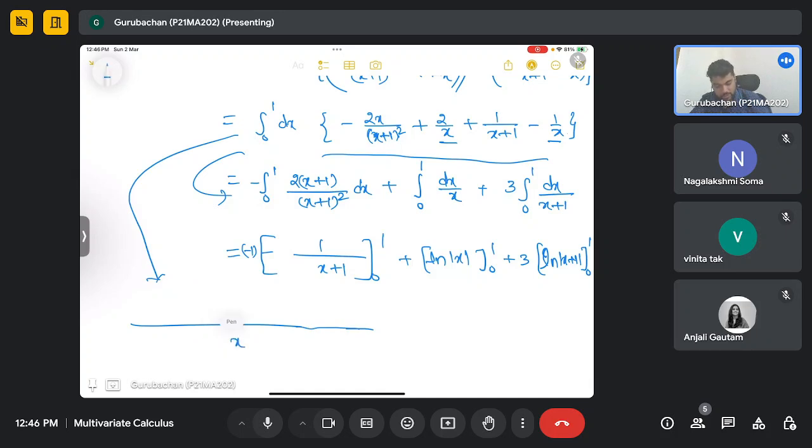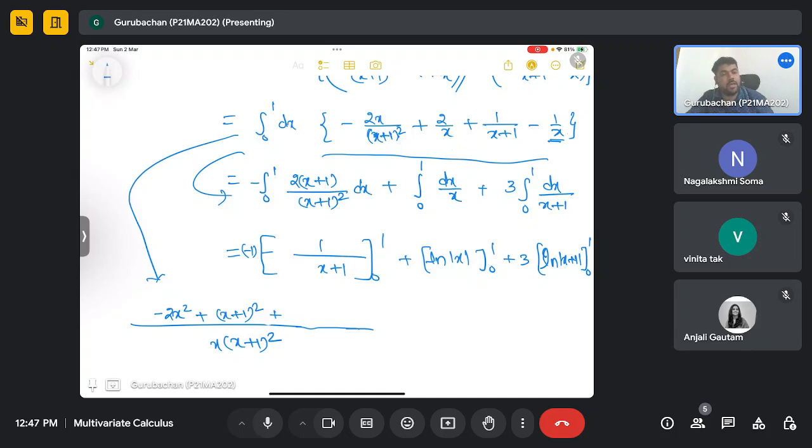So for that, what will be the LCM of this? Tell me what will be the LCM of this? (x plus 1) whole square into x. So this will be minus 2x square, because here there is x also, and this 2x plus x minus 1 by x can be considered 1 by x, so it will be plus (x plus 1) whole square, no there will be no x because in the denominator there is x.